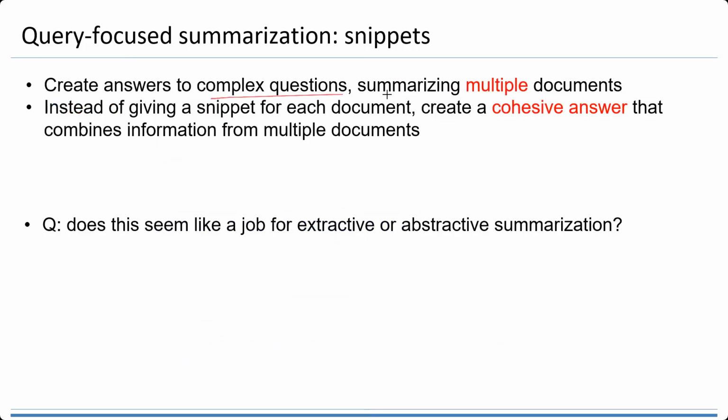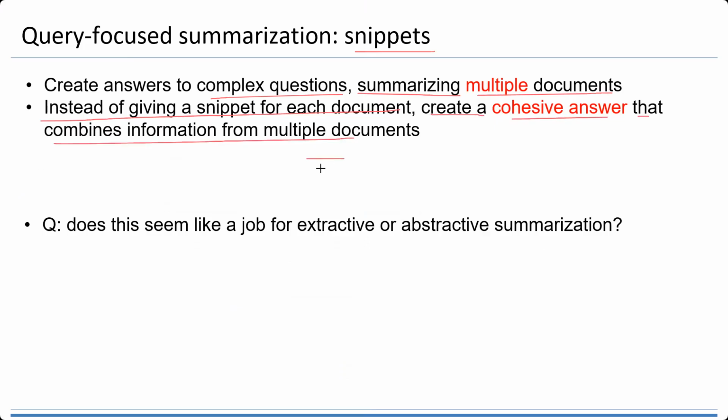Then we can do summarization from multiple documents. Instead of giving a snippet for each document, where a snippet means just a result or an alternative of results, we can create a cohesive answer that combines information from multiple documents.